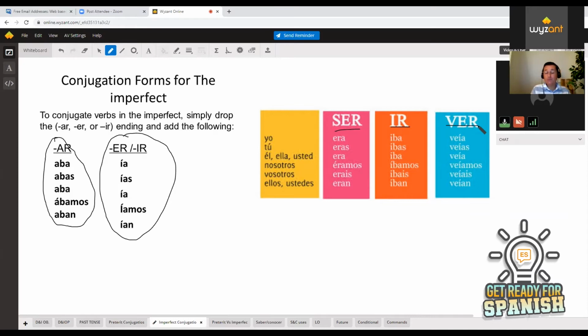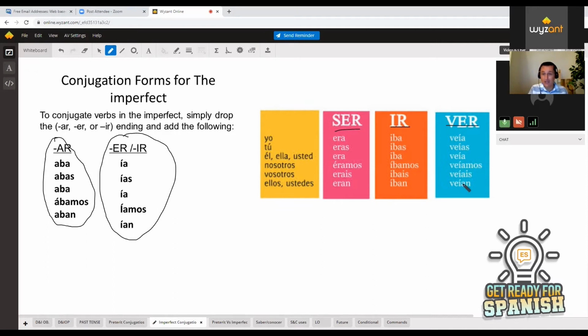Like I mentioned before, the preterite tense is hard to use, but it's easy. Quite the opposite. I'm sorry. I'm reading imperfect and I'm going with no. Preterite tense is hard to conjugate. It is easy to use because it's very straightforward, just like in English. Imperfect tense is easy to conjugate.